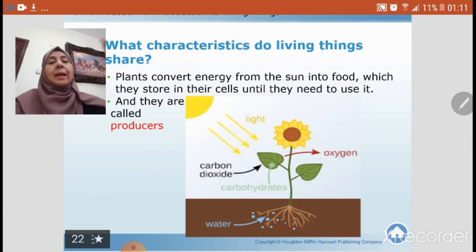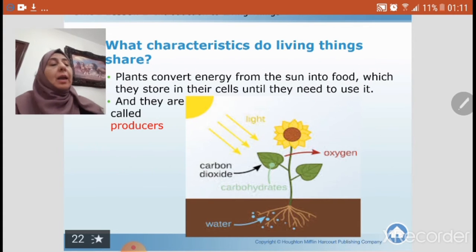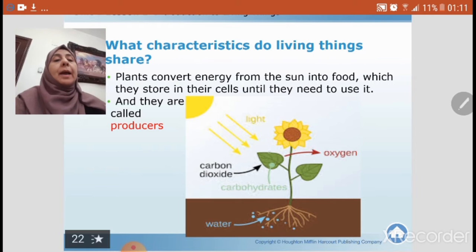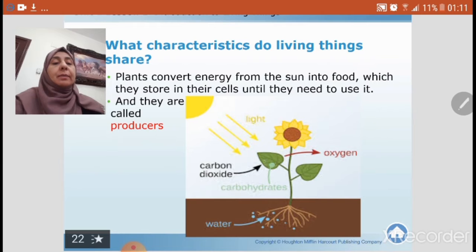So plants and some other algae, like what we will study later, have the ability to absorb the energy from the sunlight, because, as you remember, I think, they have chlorophyll, this substance that exists in an organelle called chloroplast inside the leaf cells.